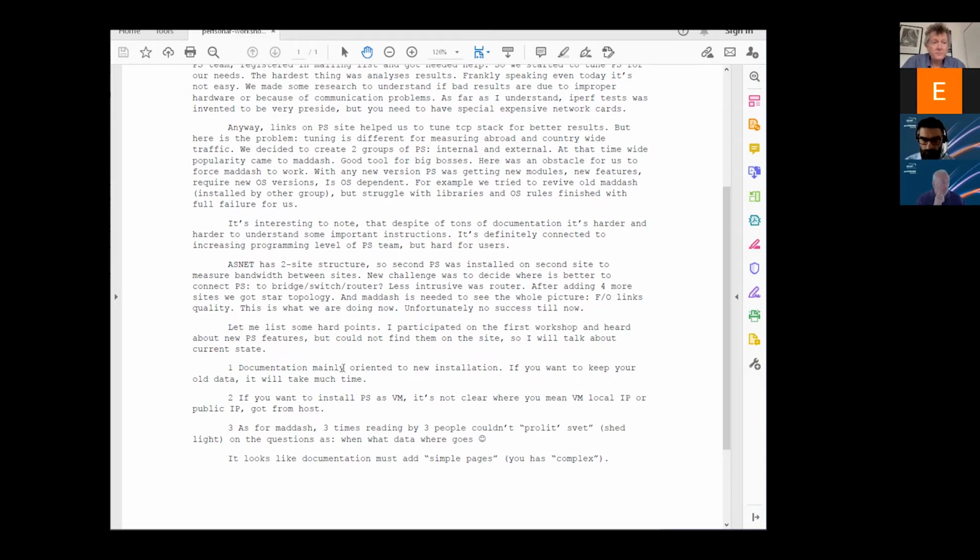And the last one is that it would be easy to have simple pages. For example, if you are talking about some complex question, at the end of this discussion or documentation, you can insert a simple page where you just have the recipe: do this, do that, and that is all.